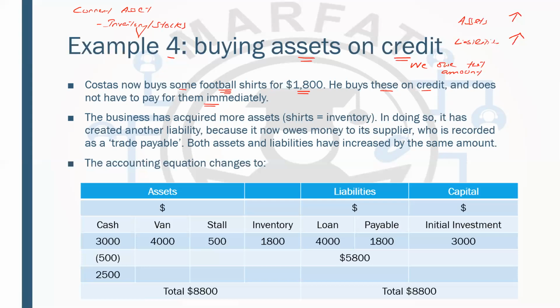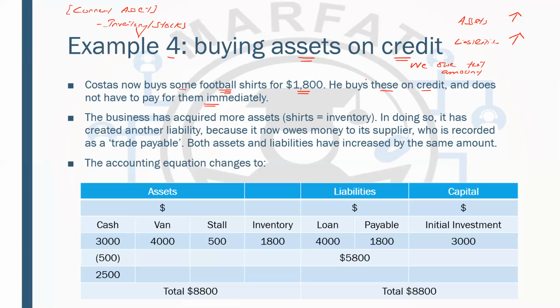These are the things which we are going to sell in the ordinary course of business because his business is selling football shirts. He is buying those shirts because he needs to sell them to customers. And this is a current asset that will be realized within 12 months.